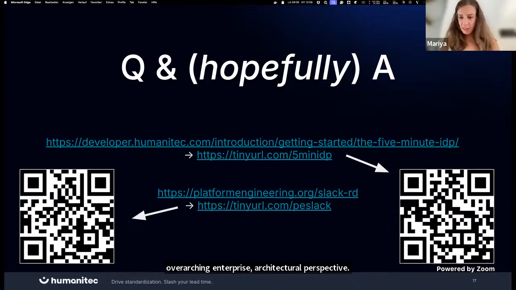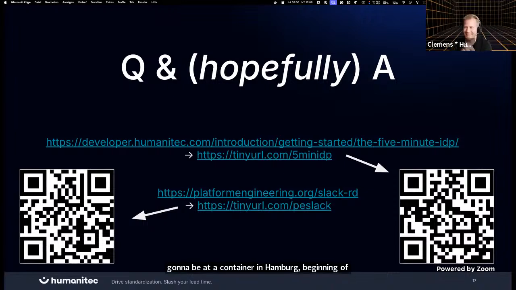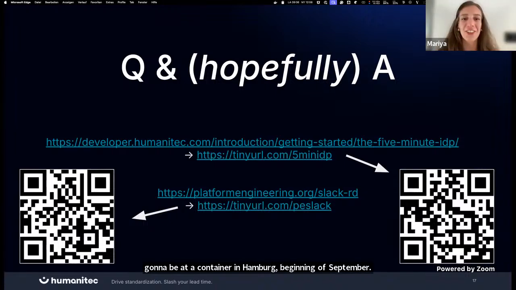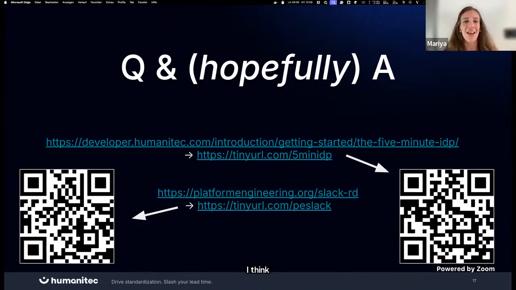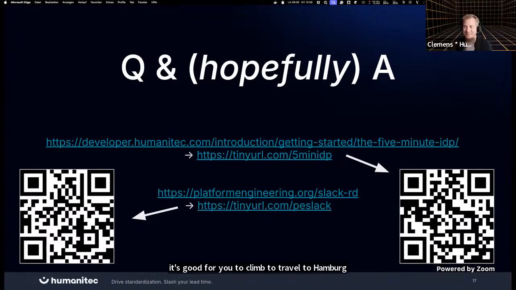Yeah, and there is Benedict who is asking if you're going to be at Container Days in Hamburg, beginning of September. I think it's actually an invitation for you, Clemens, to travel to Hamburg. I don't know, Maria, if you get me tickets, I'll go to Hamburg. Currently, it's not planned, but actually, I would love to because I know quite a few people who are going there.